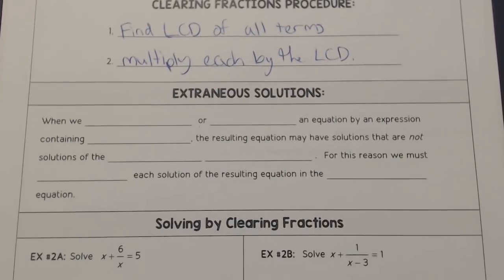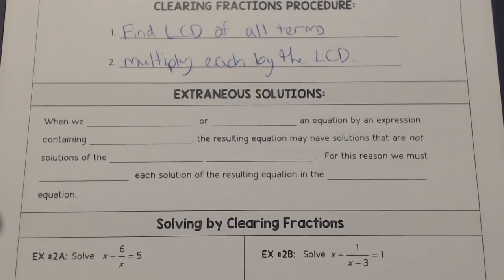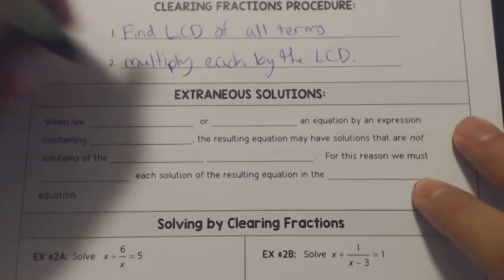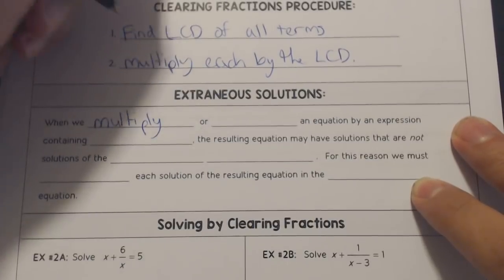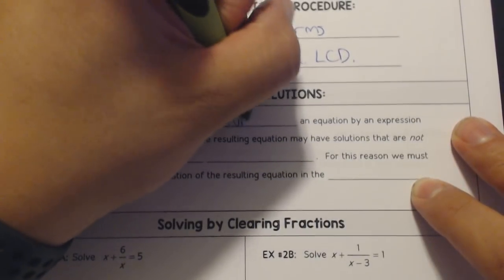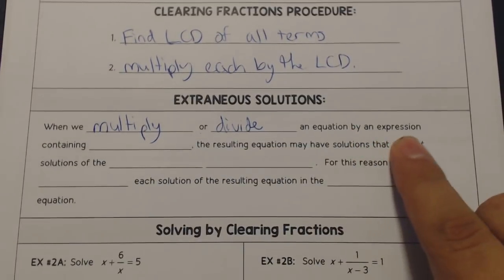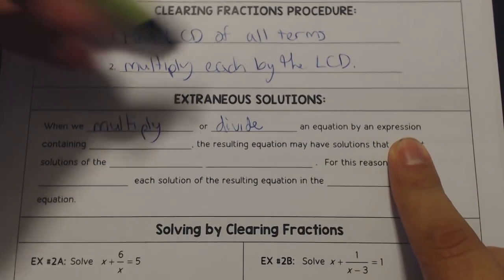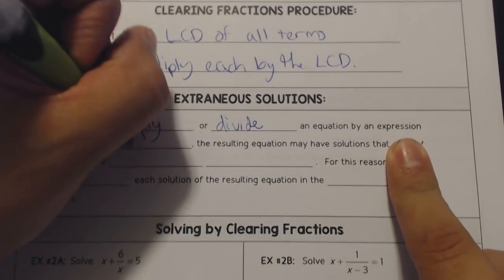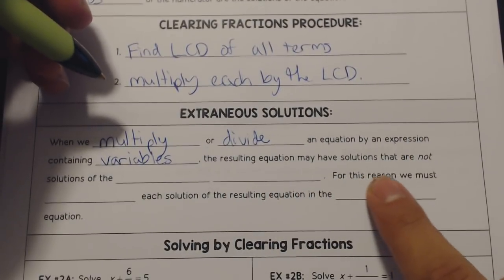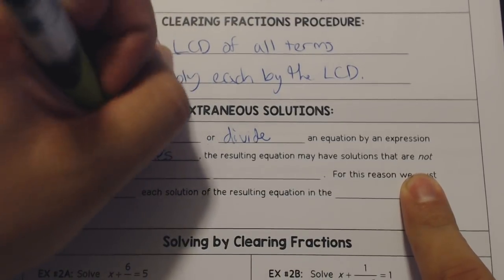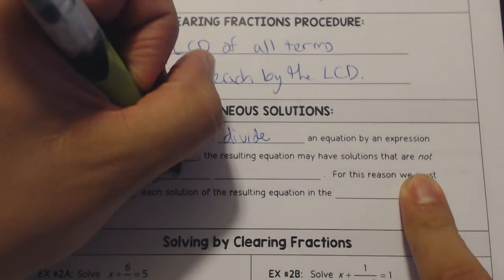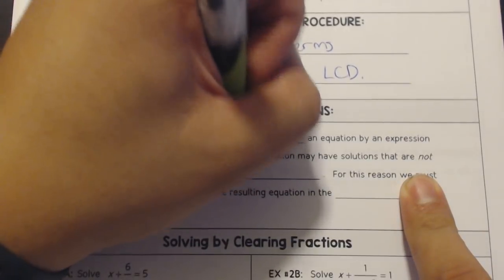What happens here is that when we multiply or divide an equation by an expression containing variables, the resulting equation may have solutions that are not solutions of the original equation.